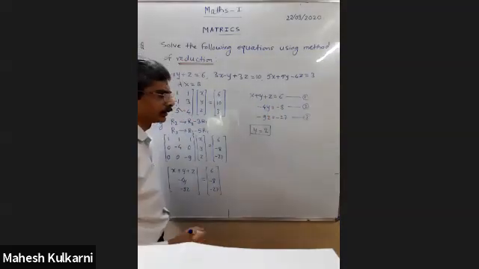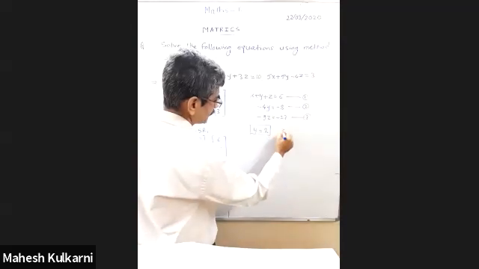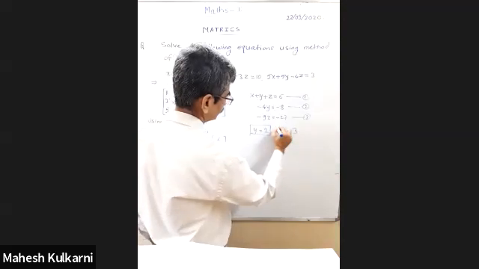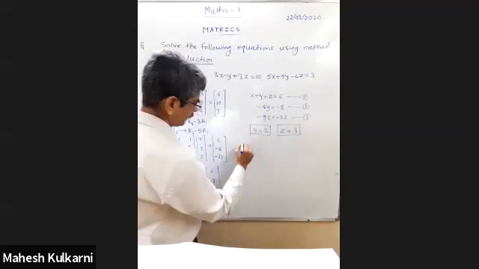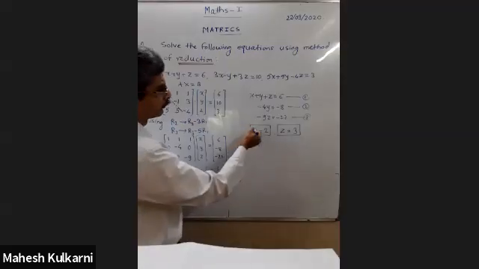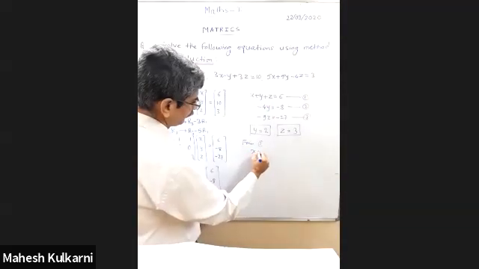And from the third equation we find z is 3. z is 3 and now from equation 1 put these values and find the value of x.